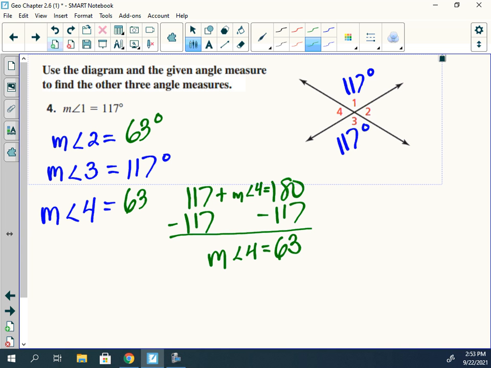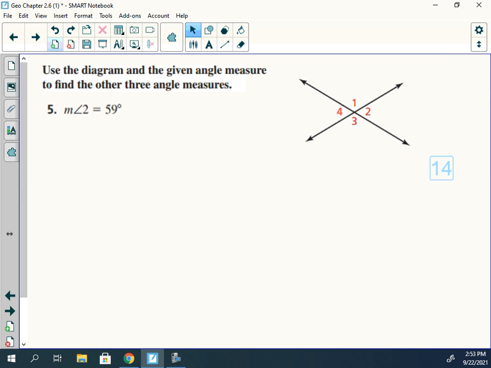So both angle 2 and 4 are 63 degrees. 2 and 4, yes, thank you. Questions on this here? Okay.